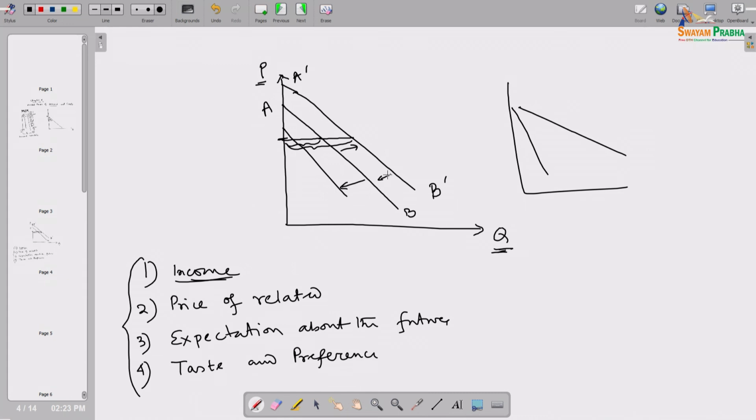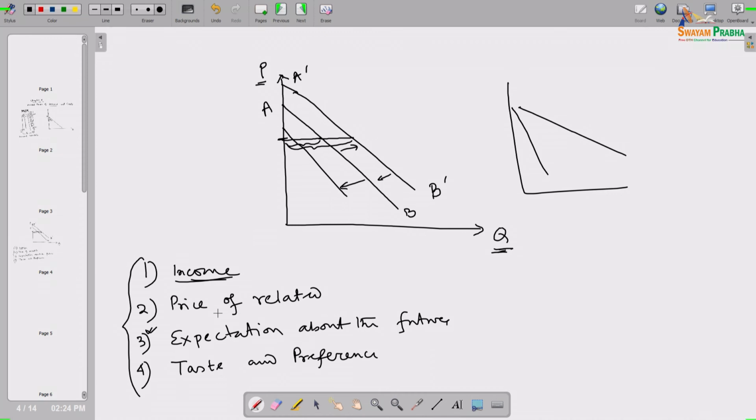It can shift in any way depending on the circumstances, on which of those other factors is changing, how that factor is changing, and so on. So just know that it is not necessarily the case that your demand curve will always shift parallelly. Then, say the price of a related commodity, how will that influence demand?